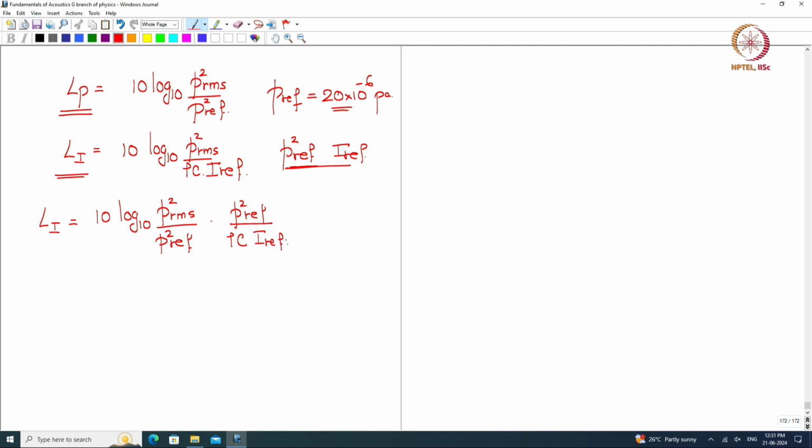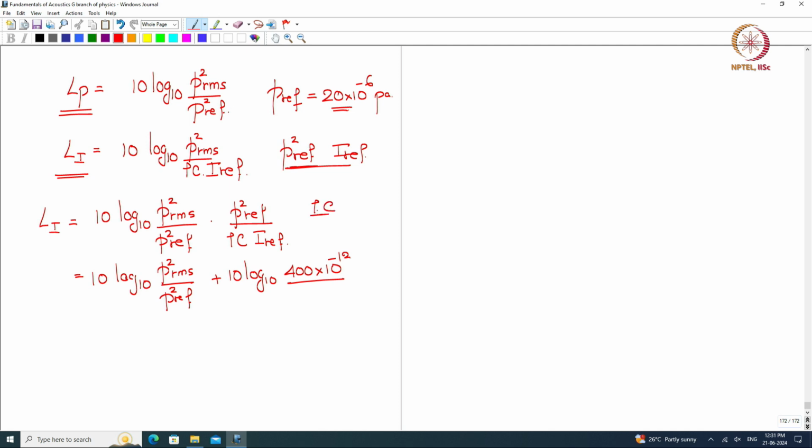If I separate them out, 10 log to the base 10 of P square RMS by P square reference plus 10 log to the base 10 of 400 into 10 to the power minus 12 by rho C for air.